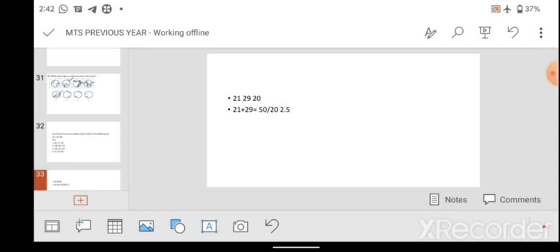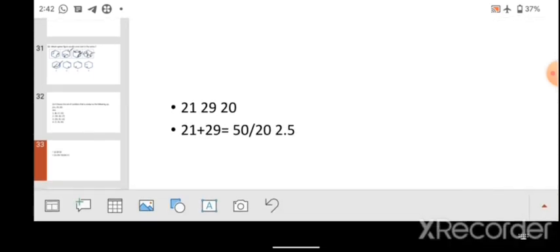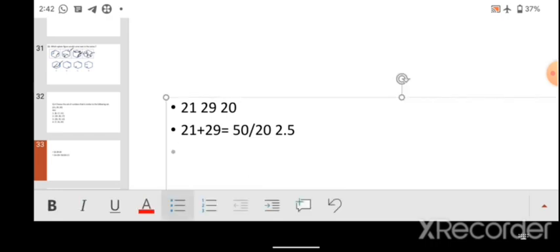So what is the logic? Okay. If we look closely, we will see, what is 21 squared? Okay. 21 squared is 441.